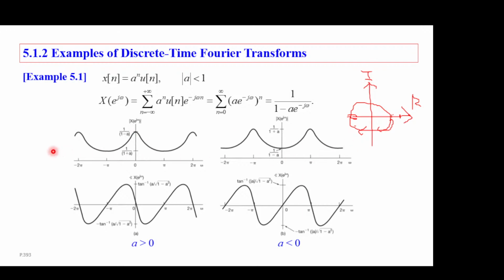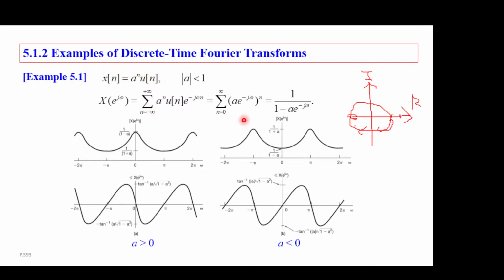So we want to see. We said that if you peak around 0, then it's low frequency, and if you peak around pi, it's high frequency, right? So why is this true? If you have real positive a, then it's just a decay, and it's kind of low frequency. But it's easier to see why this is high frequency: if a is a negative real number, then a to the n is going to go up, down, up, down, up, down, right?